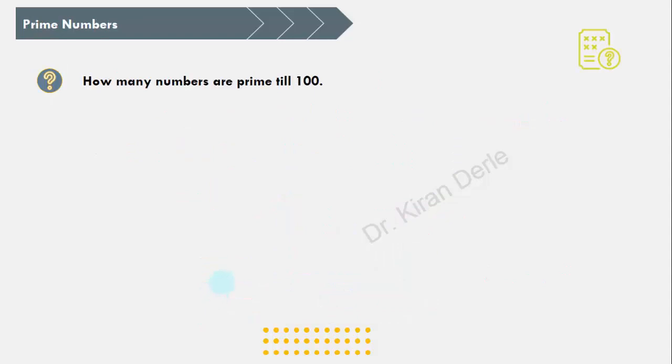Great. How many numbers are prime till 100? I would recommend you to write down all prime numbers till 100, right? But I'll give you an idea that there are 25 prime numbers up to 100. 25 prime numbers, you can note it down and cross verify this, right?